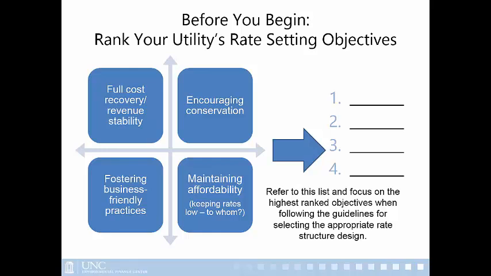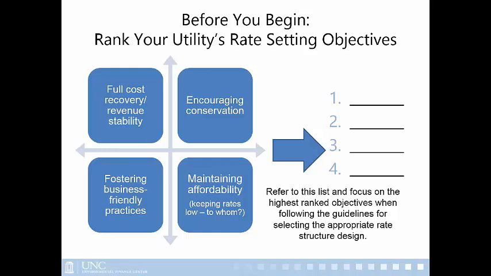So we always recommend the utility to sit down and to think about these objectives and to prioritize them. Actually force yourself to rank them from 1, 2, 3, 4 onwards, what your main priorities are. And that really should be a strategic decision-making process that your board or your council should be going through and help direct, because it's a little bit more broad-based and looks at the objectives of the community as a whole.